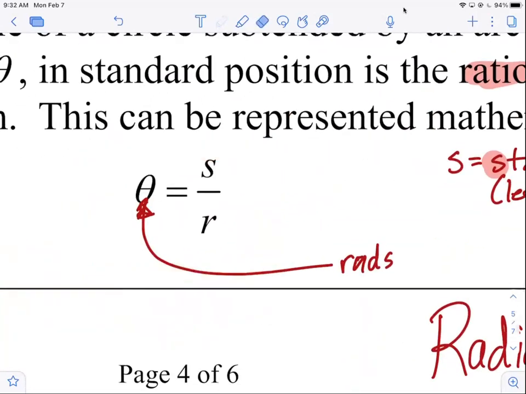It's a ratio of two lengths. So we might be measuring the arc length in inches, and we would be measuring the radius also in the same length unit, inches. And guess what happens with the units? Don't say cancel. They divide out. And that's why it's unitless, okay?